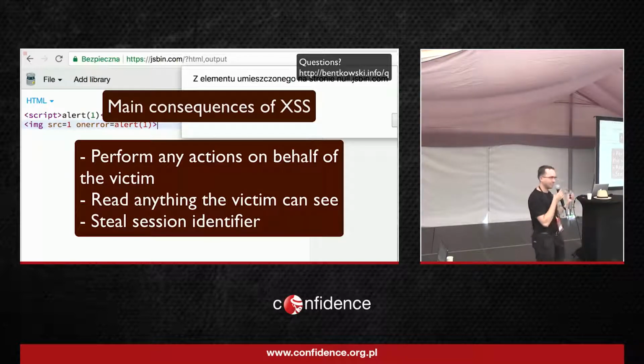You can read anything the victim can see. So you can just get the inner HTML of the page, and you can read everything. Traditionally, XSS was used to steal session identifiers. However, in the modern age, we usually have HTTP-only cookies, so it couldn't be done. But it is still worth mentioning.